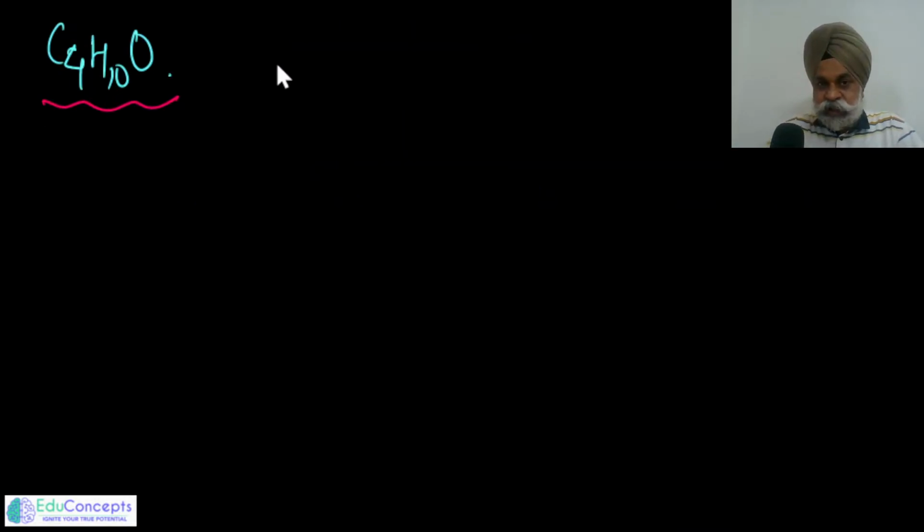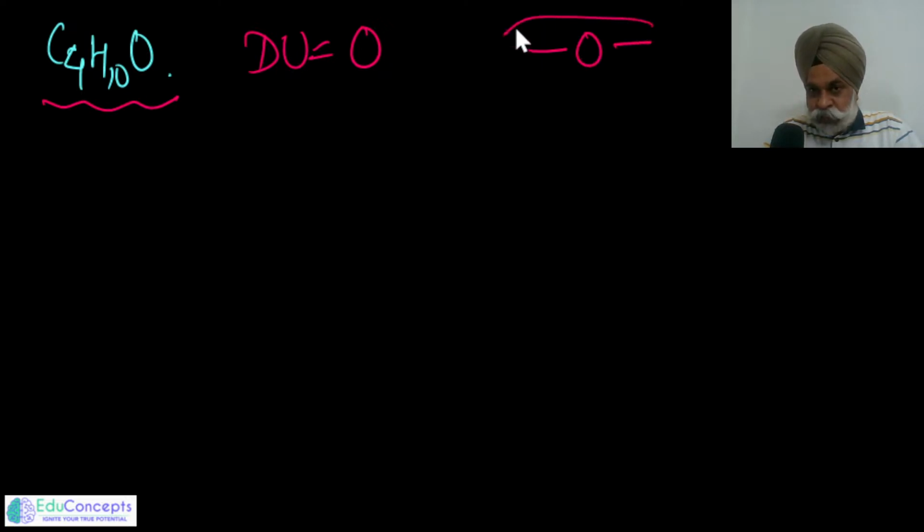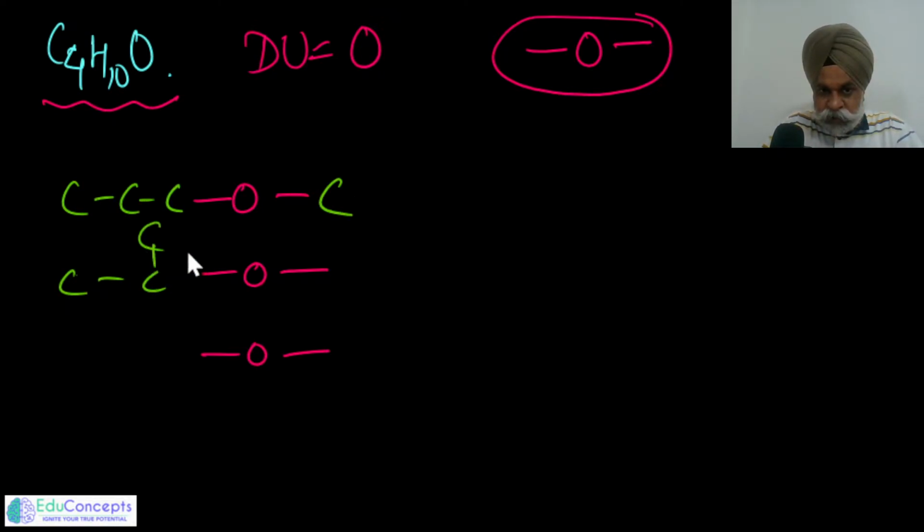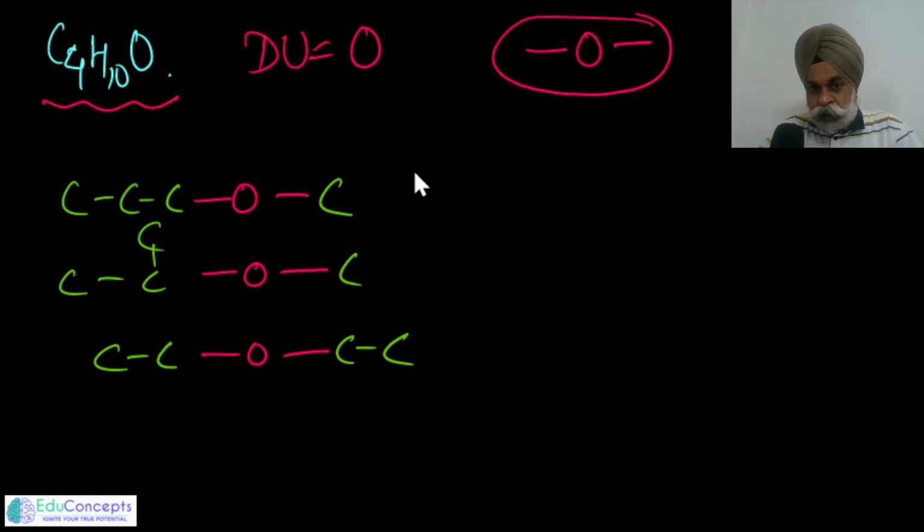Just like in this case, if you find the degree of unsaturation here, it also comes out to be 0. So that means this oxygen is joined to the carbon atoms through single bonds. Now this oxygen can come at the center. If I place the carbons on this side like this, or like this, or like this, what you have generated are all ethers.